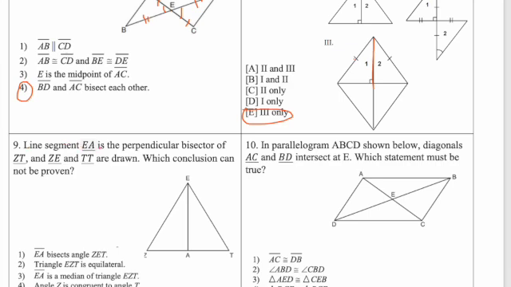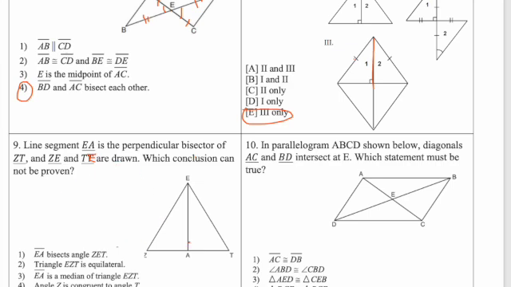Line segment EA is the perpendicular bisector of ZT, and ZE and ET are drawn. Which conclusion cannot be proven?